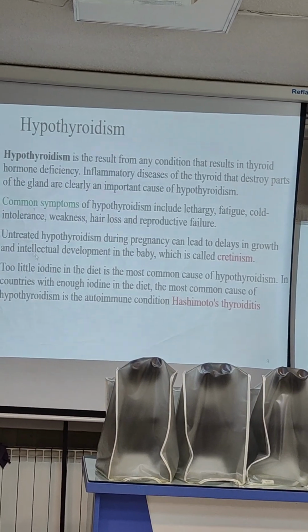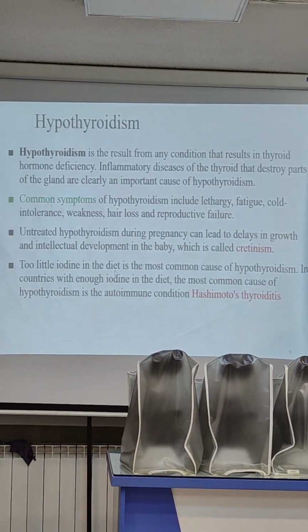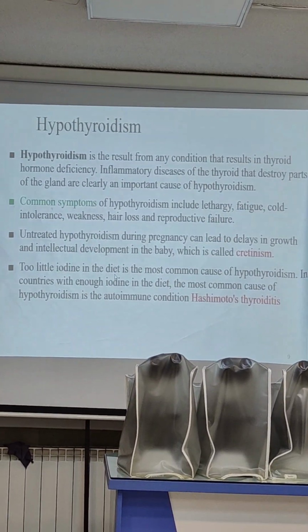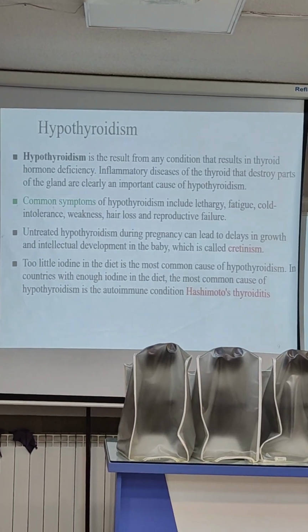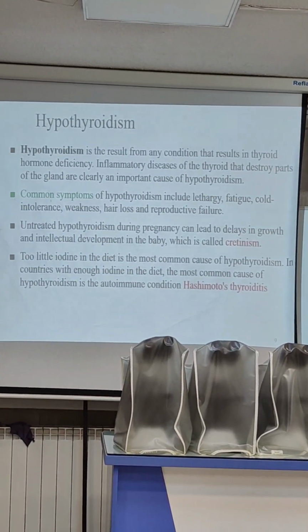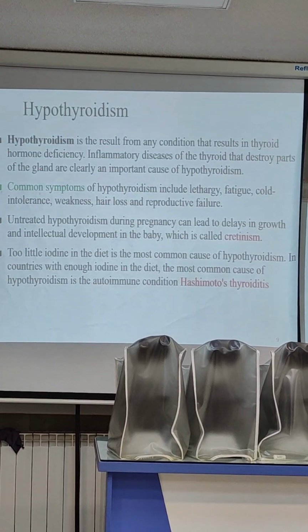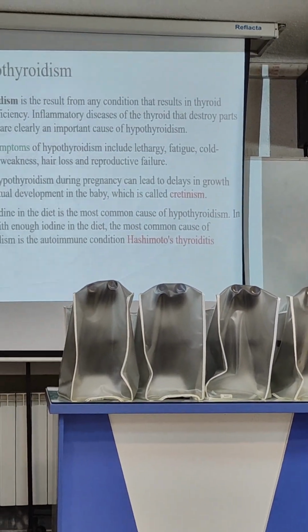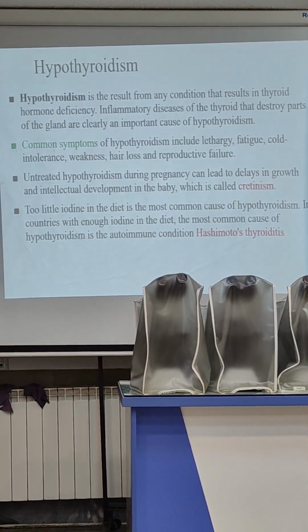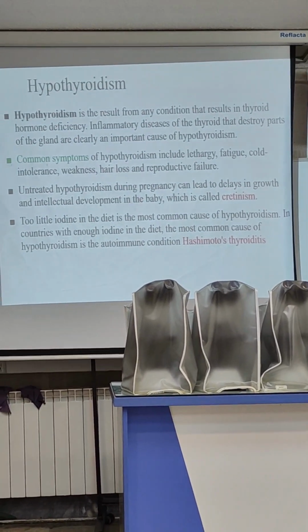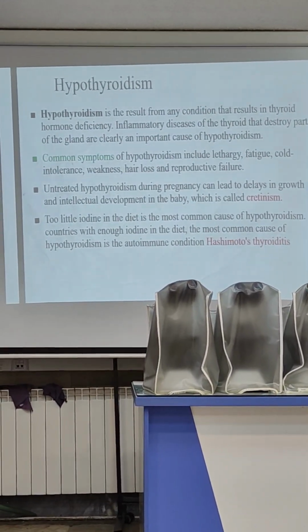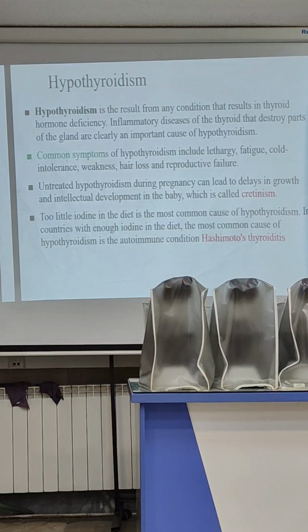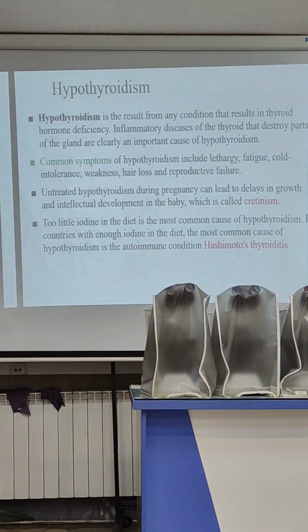And sometimes too little iodine in the diet. Many years ago, the source of iodine in most foods was very low. Nowadays, especially in Iran, they enrich the salt with iodine, because many years ago we had a very high rate and prevalence of hypothyroidism.